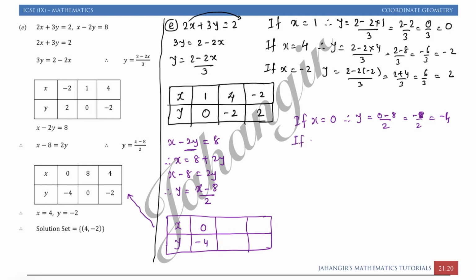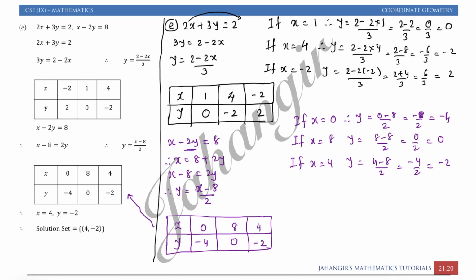I can take x is equal to 8, then y is equal to 8 minus 8 by 2, that is 0 by 2, which is equal to 0. Then I can take any value of x. If x is equal to 4, then also it will work. y is equal to 4 minus 8 by 2, minus 4 by 2, that is equal to minus 2. So if x is 4, y is minus 2.